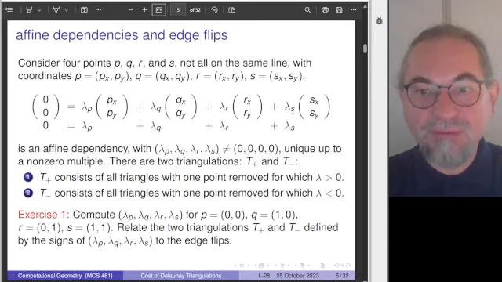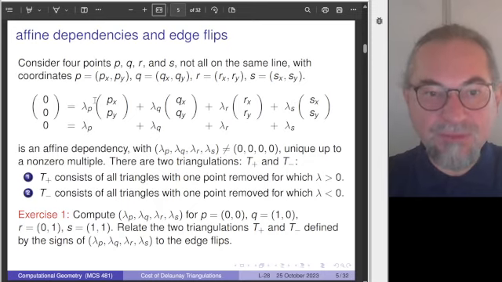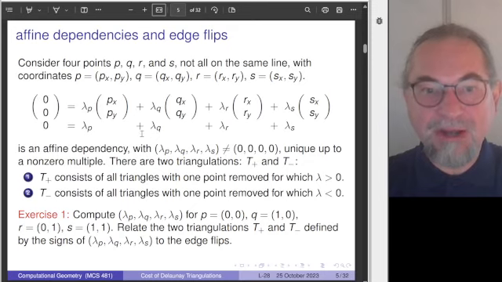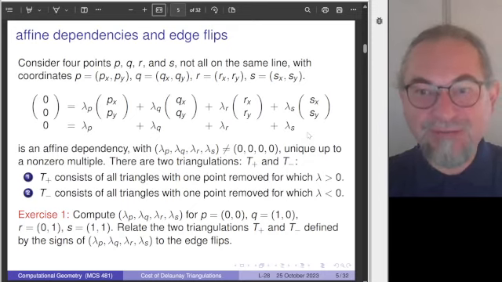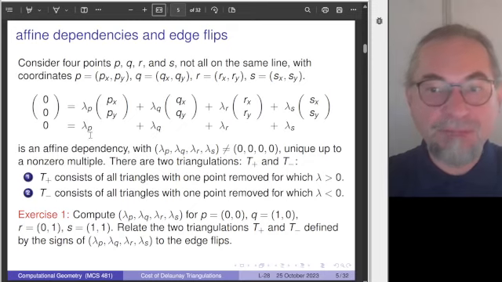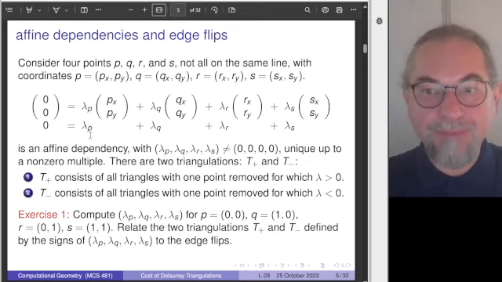Then if I want to make 0, I have to set lambda s minus 1. So I have 1, 1, minus 1. That gives me 0. And I have still freedom for lambda p. The sum of the coefficients must be 0. Reading from right to left, I have minus 1, plus 1, plus 1. So I have plus 1. So lambda p has to be minus 1.